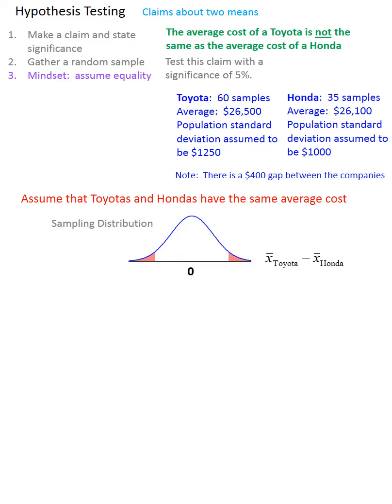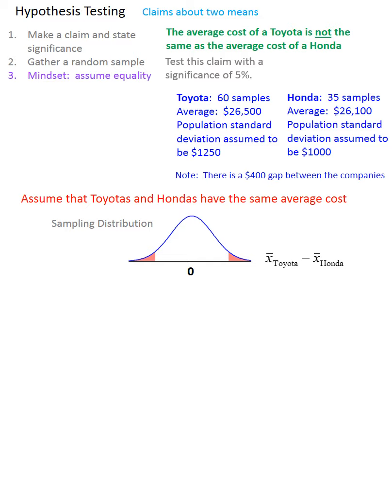So the question we have to entertain here is, is this $400 gap near 0, statistically speaking, in which case there wouldn't be enough evidence to support this claim, or is it significantly far enough away from 0 where it's unlikely to have happened by chance given the null hypothesis?